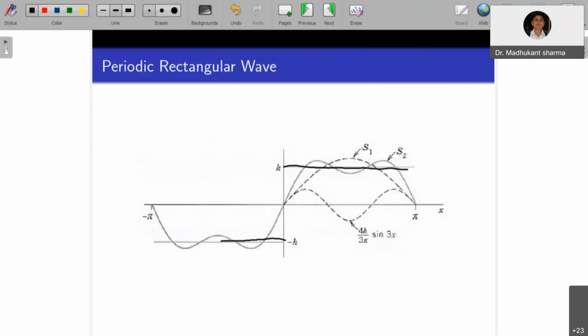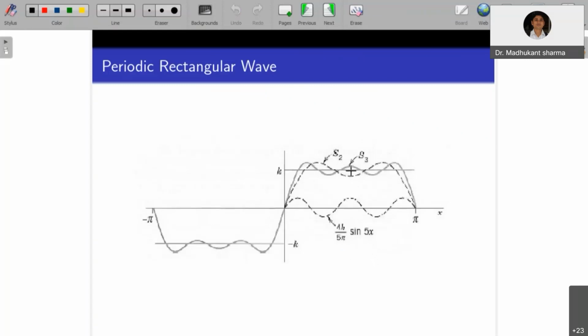Similarly, if you increase further, this is S3, and you will see more oscillations. If you keep on improving, it will be like this, approximating the original. So this is the beauty of Fourier series.